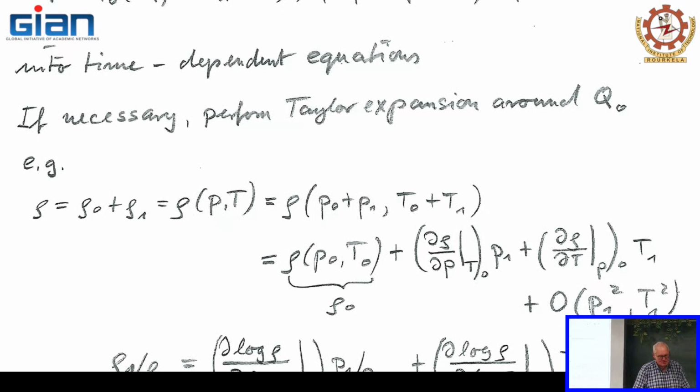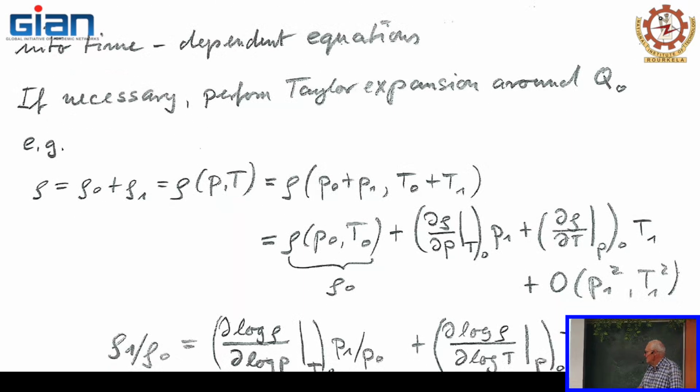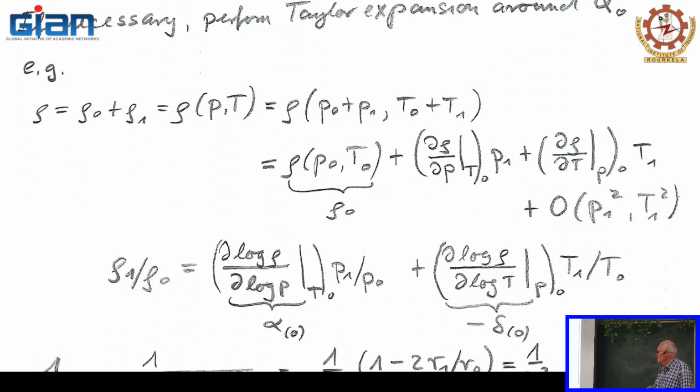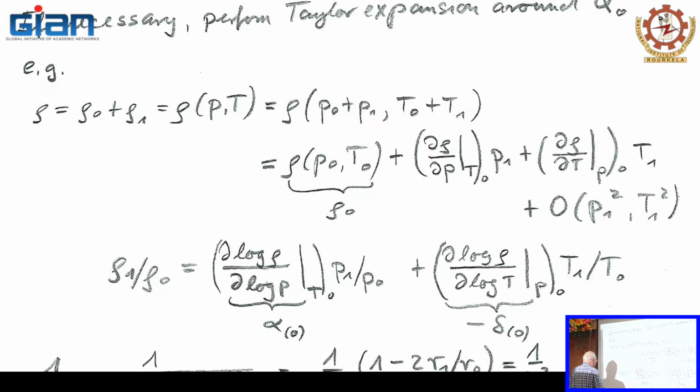plus terms which go with the pressure perturbation and the temperature perturbation squared. Okay, so if we reformulate this equation, divided by rho 0, so going to the relative quantities, rho 1 over rho 0 is then in terms of P1 over P0 and T1 over T0, relative pressure perturbations and relative temperature perturbations.